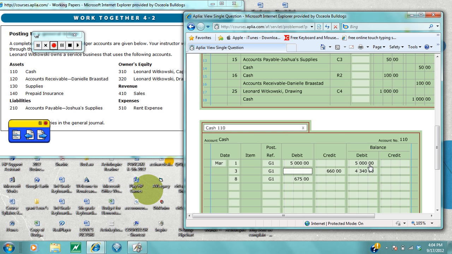Now, you take this number, a debit plus a debit equals a bigger debit. $5,015.